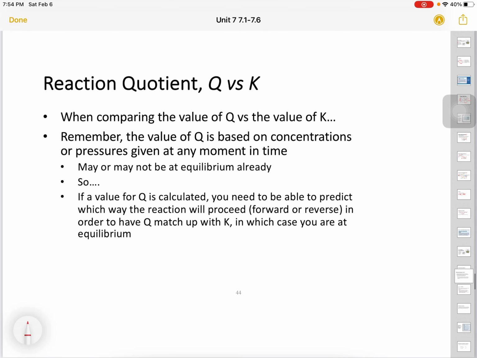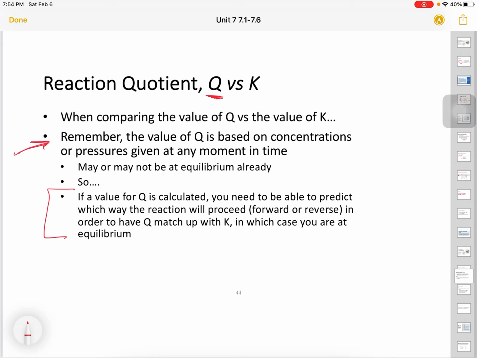Something else you need to be able to do is compare a calculated reaction quotient Q value to a given K value. Because what you need to remember is Q and K are calculated in the exact same way. It's products over reactants. But by denoting something as having this Q value, you're saying that it might be at equilibrium, but it might not.